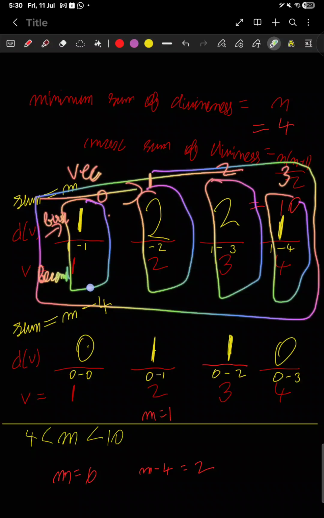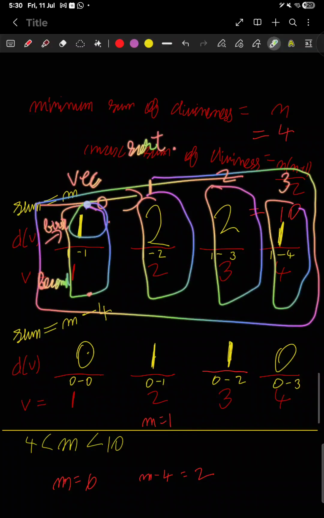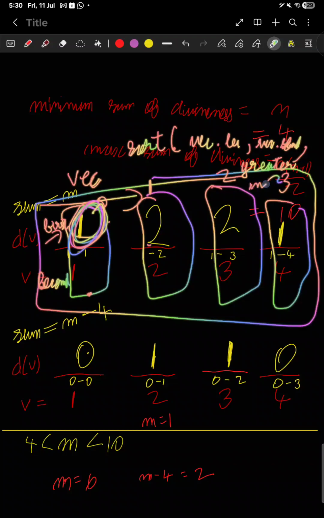So we'll be rearranging. If we apply sort, it sorts on the basis of the first value of the pair. We want the decreasing order, so we'll sort in vec dot begin, vec dot end, and we will use greater<int>.